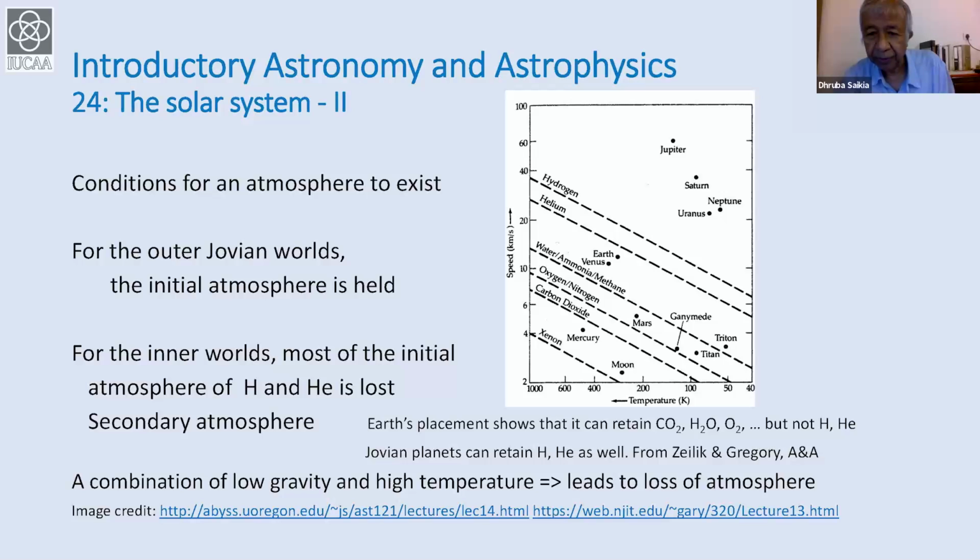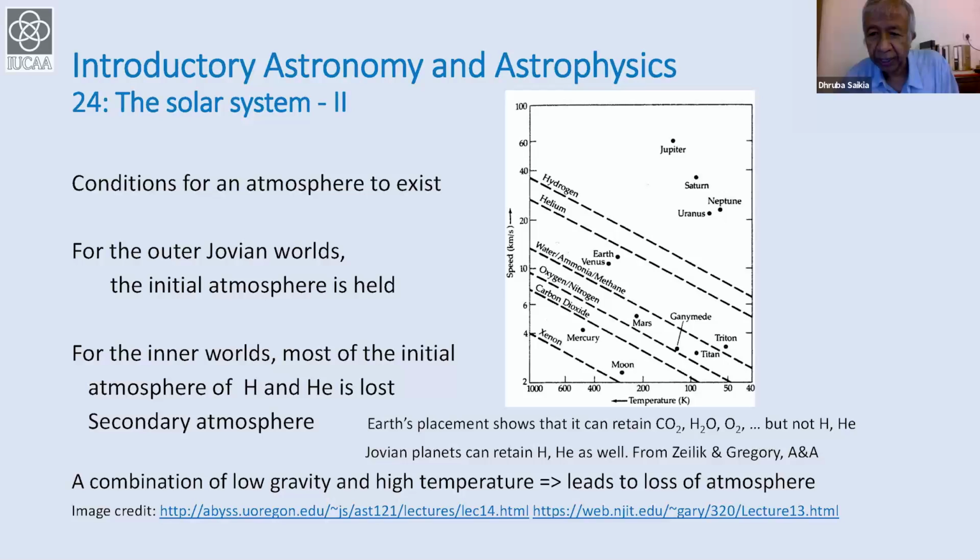But when you come to Moon and Mercury, you can see that combination of velocity and surface temperature. You lose almost everything. In the graph you're showing of surface temperature versus escape velocity, Earth is above the line, so water is being retained, right? What is below it will be retained. What is above it is what will disappear.